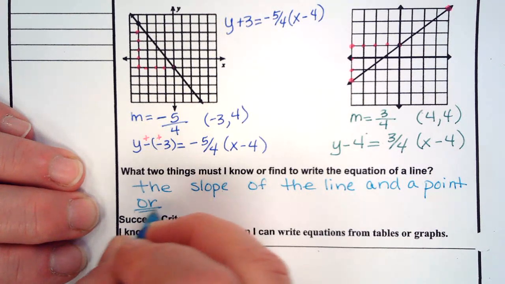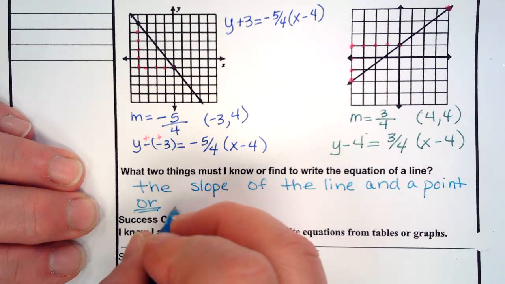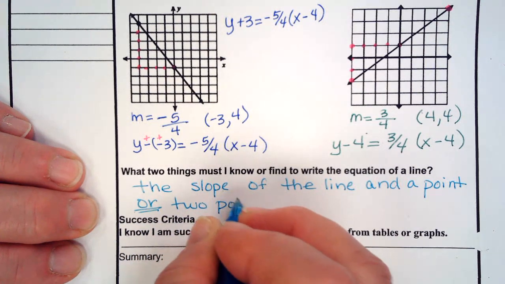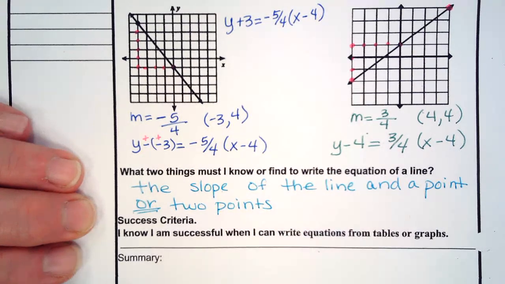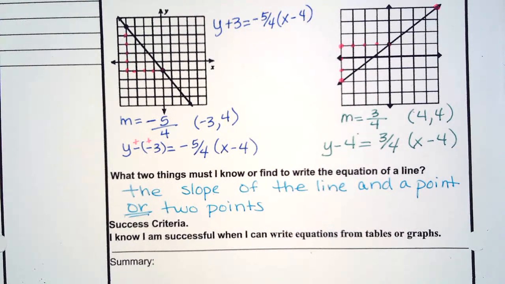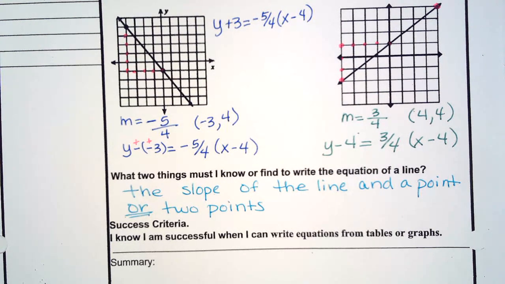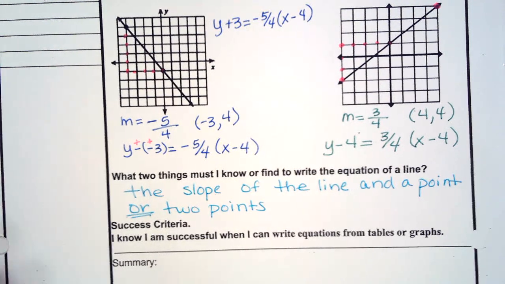Or, if you know 2 points, you can find everything else. So, if you know 2 points, you find the slope, and then you substitute a point in to find the y-intercept. If you are looking at a graph, you can find the slope of the line and then find a point on it, which the point could be the y-intercept, but would not have to be.